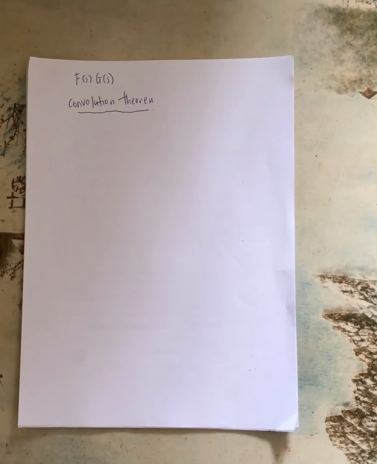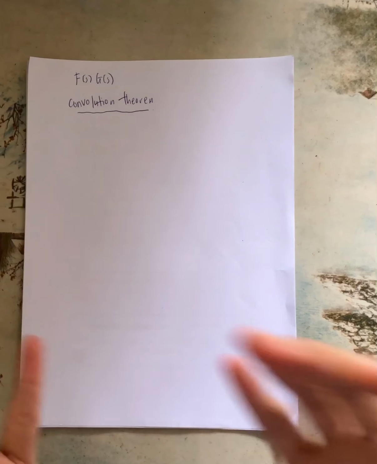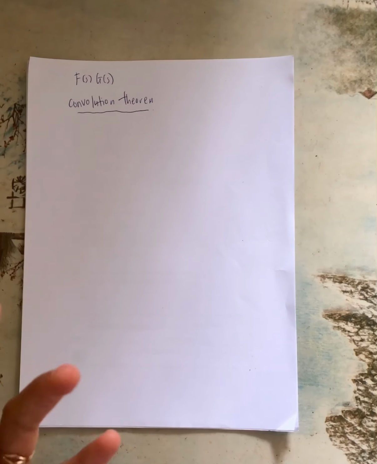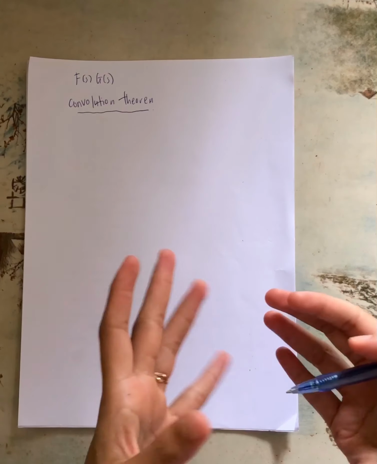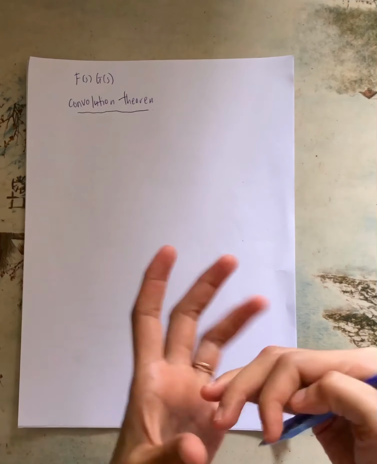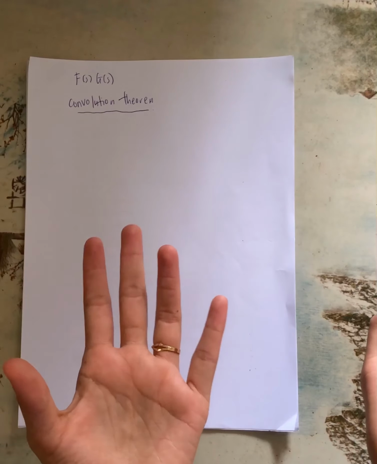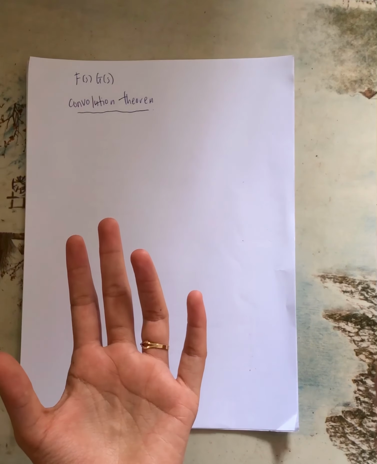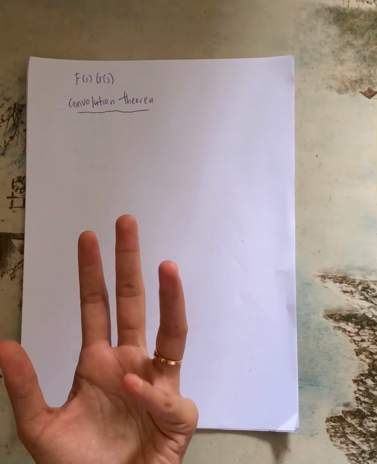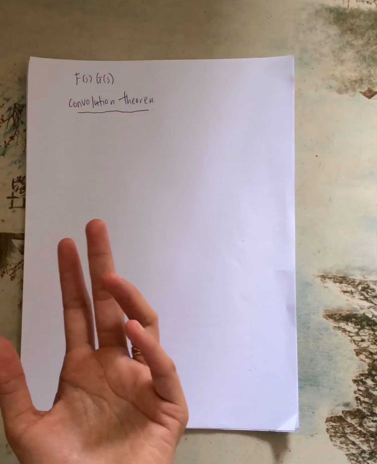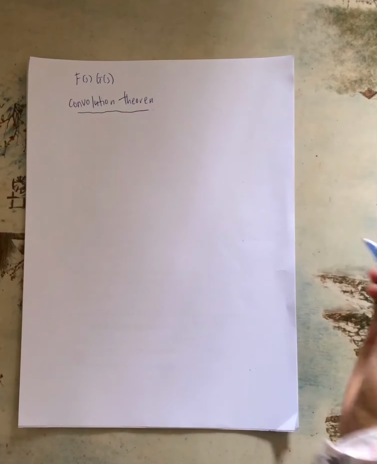How can you know whether it is the first type or the second type? You just look at the function. If they have two functions that multiply, that is what we call the second type, and it uses the convolution theorem.